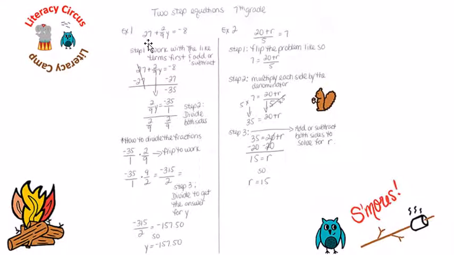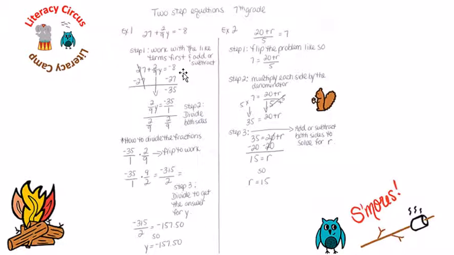Example 1 is 27 plus 2/9 y equals -8. So step 1, you want to work with the like terms first and add or subtract. We rewrote the problem here, and the like terms are the 27 and the -8.